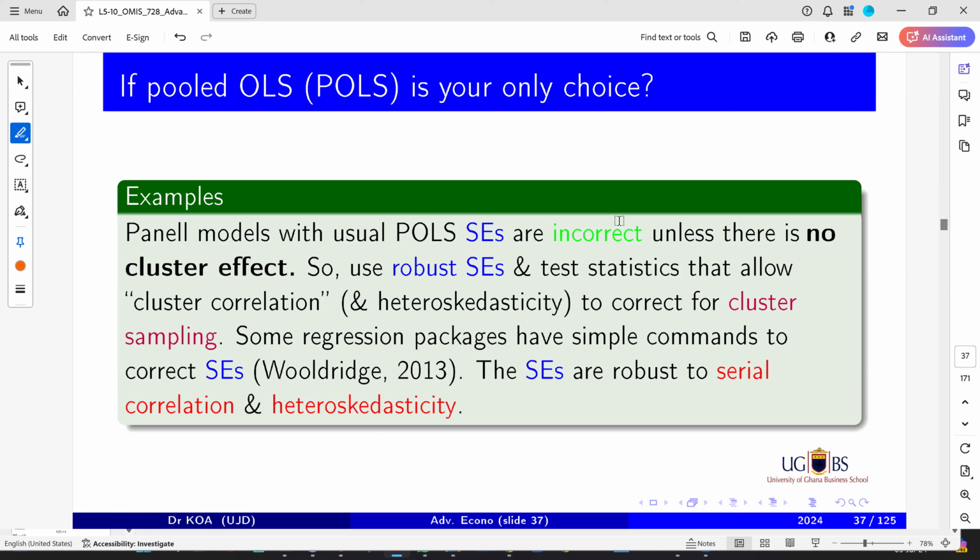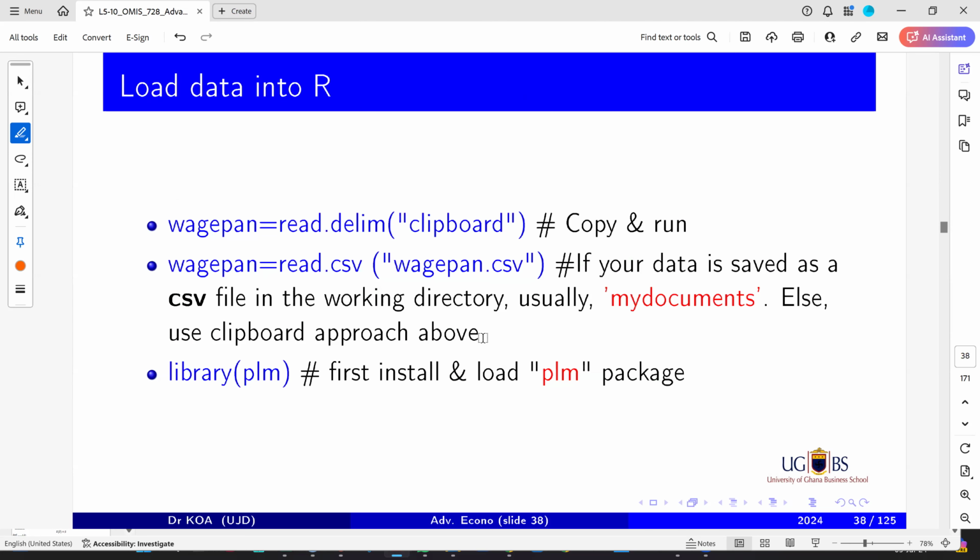In some regression packages, they have simple commands to correct for the standard errors. We have it as well, so we're going to use that. But we want to correct for not only heteroscedasticity, but also for serial correlation. So we do it at a go. And the last time we spoke about the Newey-West.